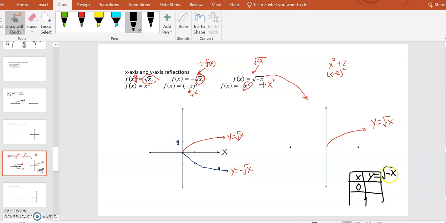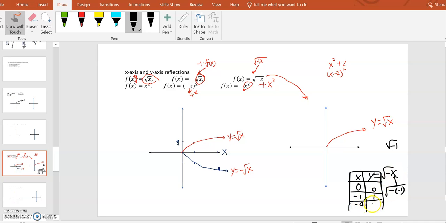We can still pick 0. -0 will give us 0, but we cannot pick 1 because square root of -1 is undefined. But we can pick -1. And notice that if we pick -1 for x, -(-1) will give us +1, and the square root of +1 is equal to 1. So now we can only pick negative values for x.